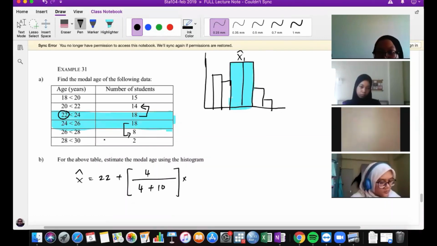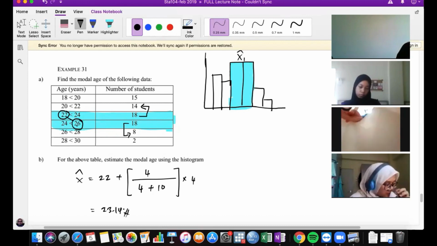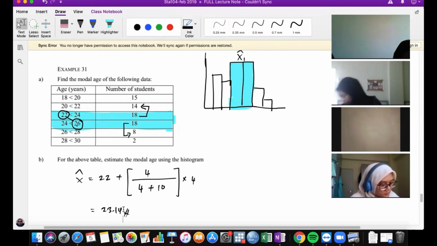The class size is 22 until 26, which is equal to 4. So this should be equal to 23.14. This is the mode if you have the highest frequencies stuck together side by side.